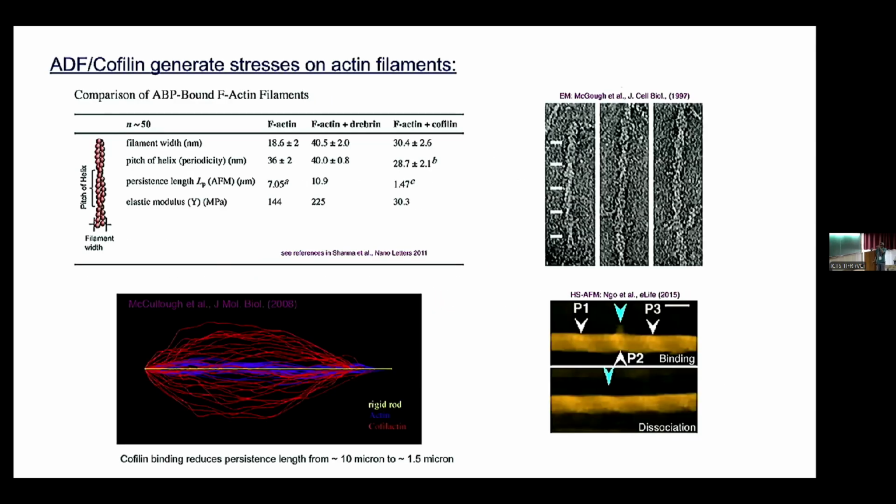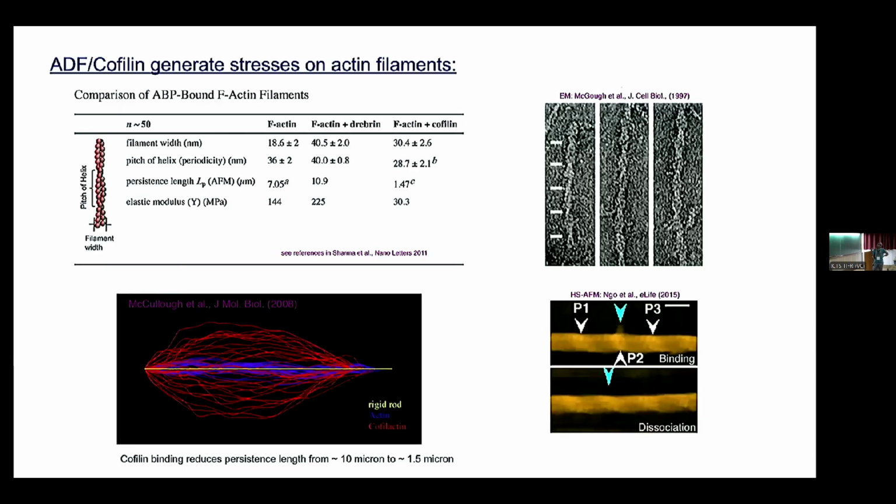Then we realized that there are other mechanisms of stress generation within actin filaments. It is very well known that there is this class of proteins called ADF/cofilin, and they bind to actin filaments. They bind to a pocket within each actin monomer, and by binding, they create some sort of allosteric deformation of the monomer.